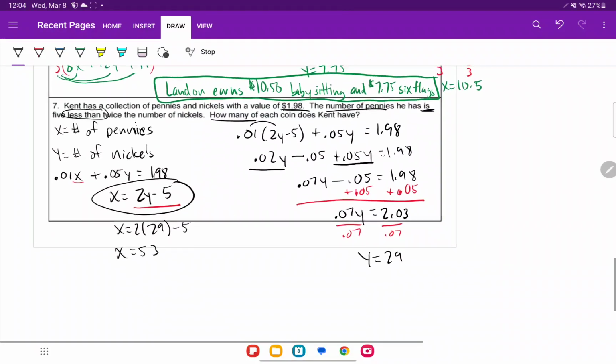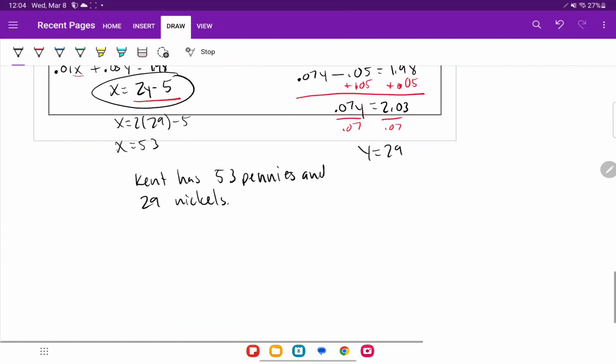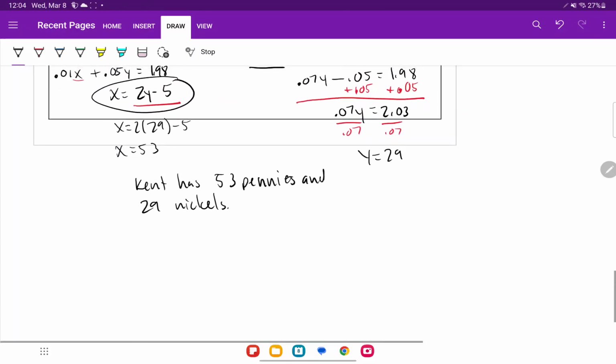So here we're going to say Kent has 53 pennies and 29 nickels. All right, and I believe that completes the review for this.